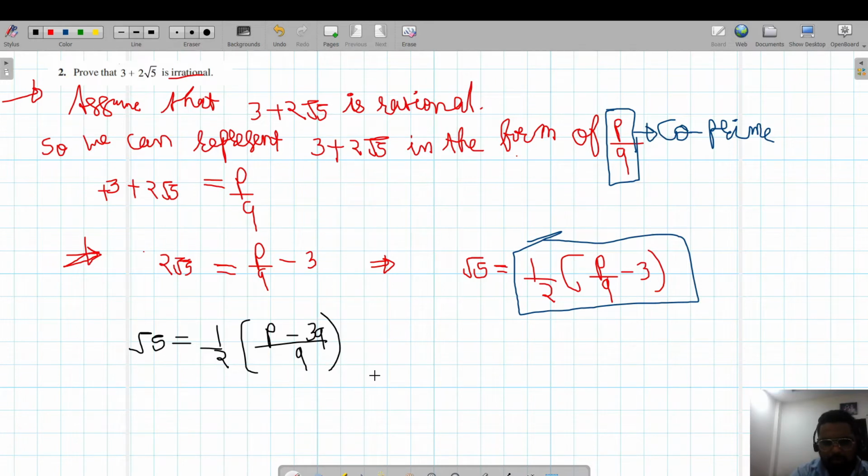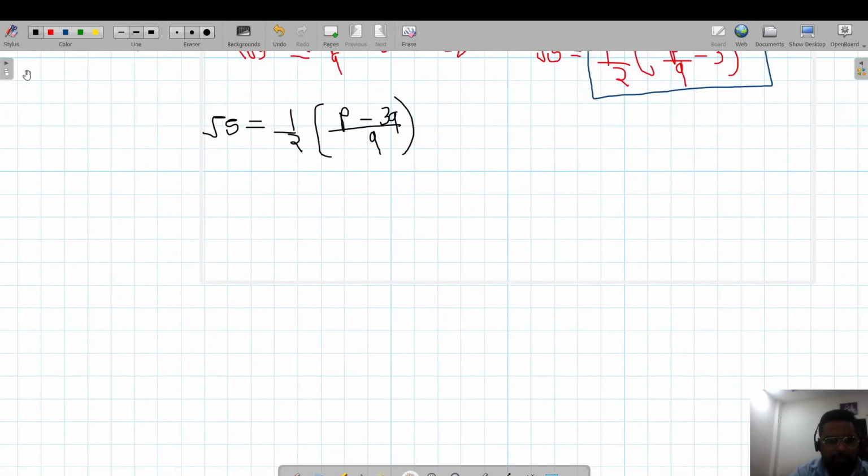So root 5 is equal to p minus 3q upon 2. I can multiply it simply in the denominator, as you know the rule.